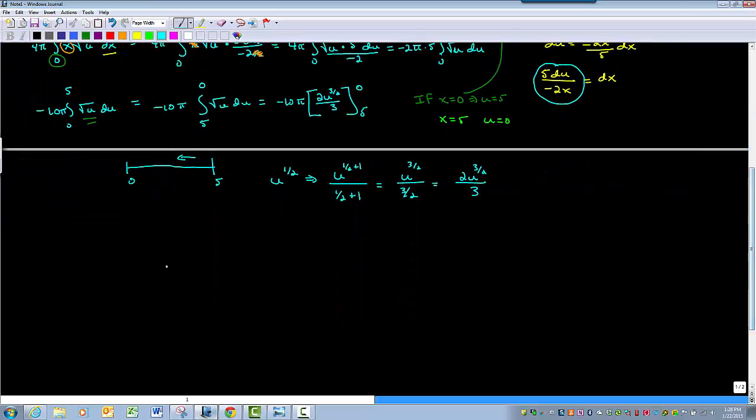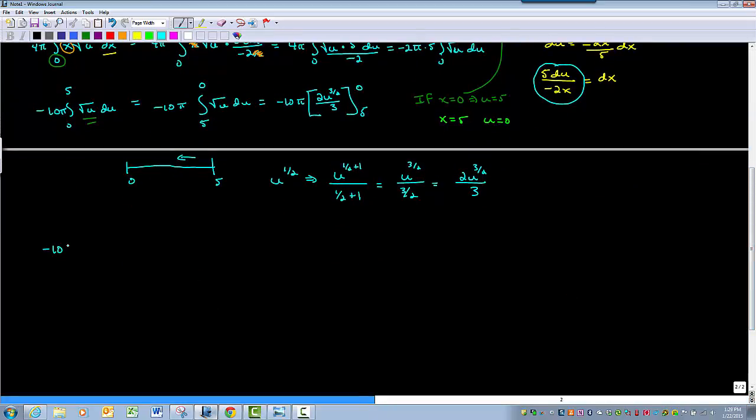So let's go ahead and compute that. So that'll be negative 10 pi times, first thing we do is plug in 0 for u. And so that'll give us 2 times 0 over 3, and then we subtract off when we plug in 5. And so that'll give me 5 to the 3 halves over 3, like that. So let's multiply this in. This will give us 10 pi, because the negative times, this is 0 by the way.